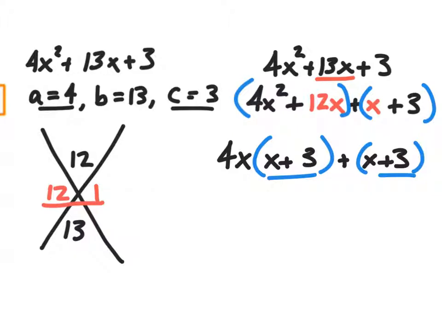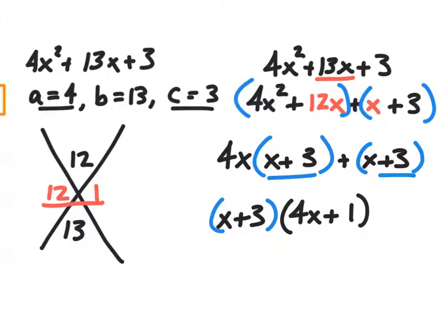Now if I factor out that x plus 3 term, what am I left with? I'm left with times 4x plus 1. Okay, when you factor this out and there's no number there, there's a 1 there. Okay, and so this is factored.